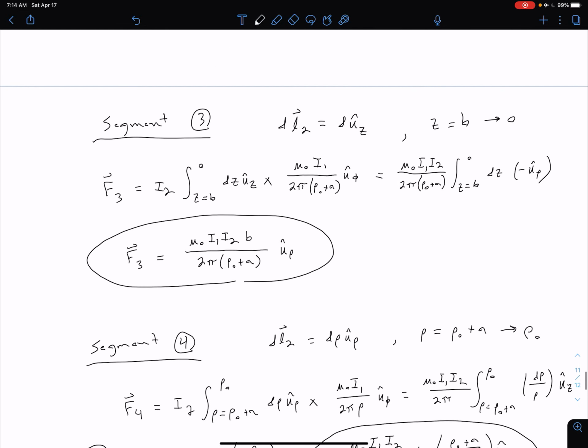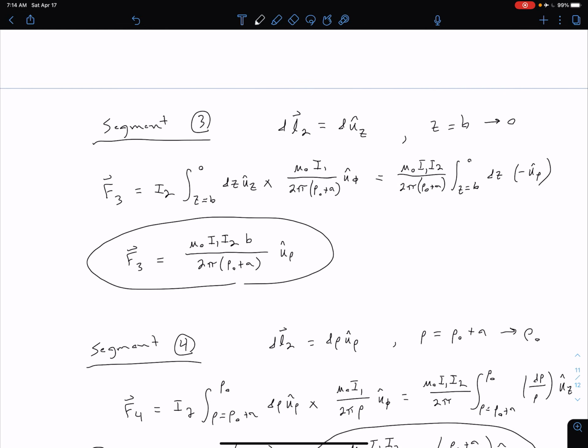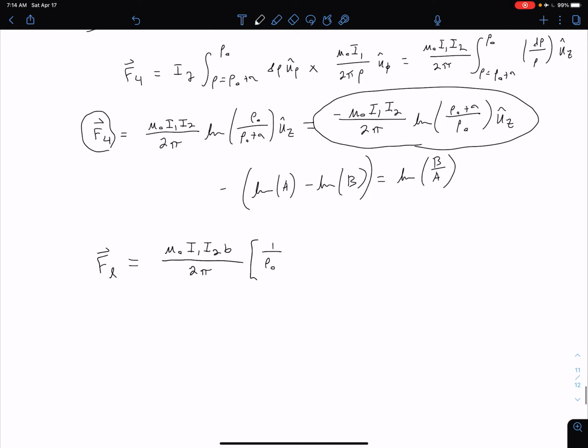So I'm going to adjust segment 2 a little bit. If I want this to be in the negative rho direction, I'm going to put a negative sign out front. But I've already factored out all of that, so I'm going to associate that negative sign with the 1 over rho naught plus A. So I'm going to write this as minus 1 over rho naught plus A, and that is in our negative rho direction.